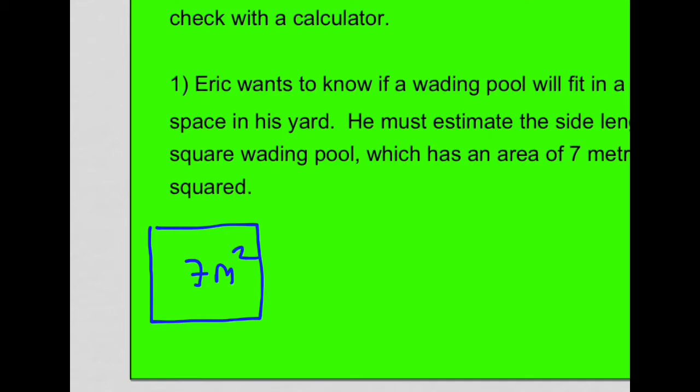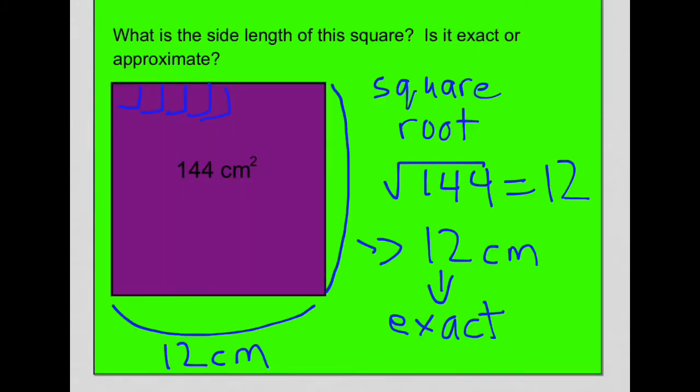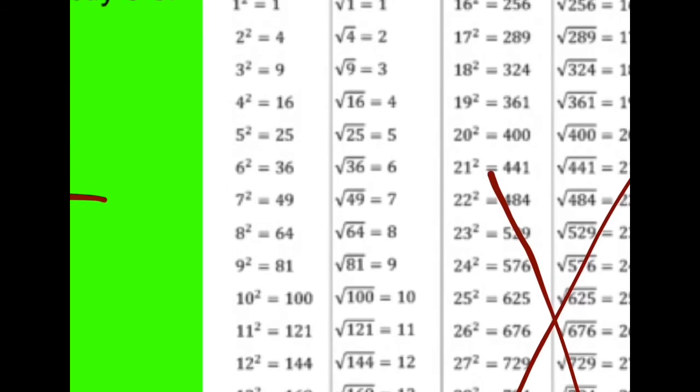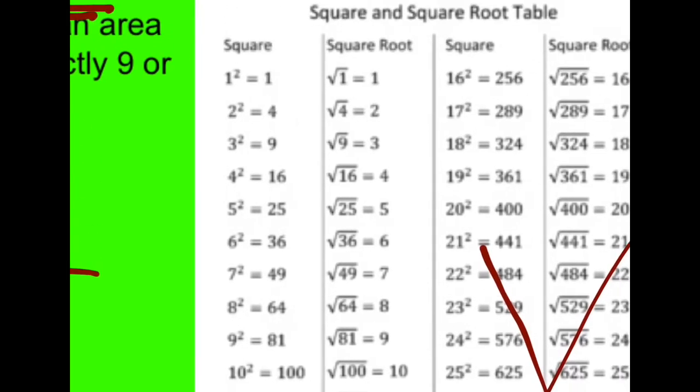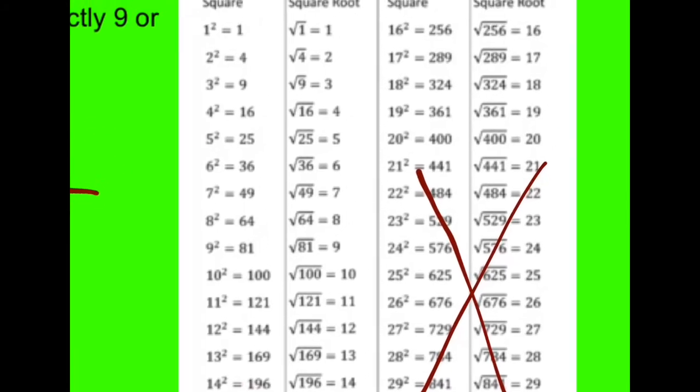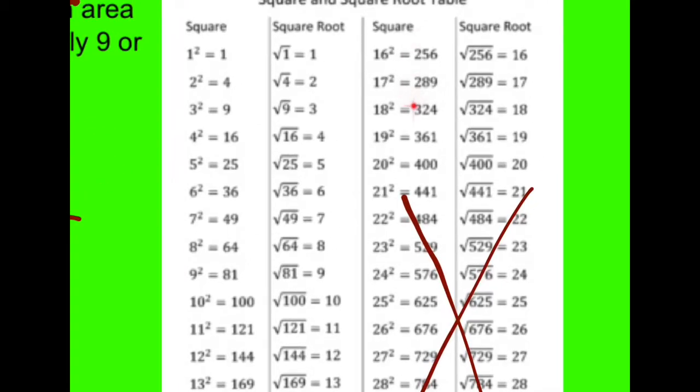Now before we do anything, I just want to jump back to my perfect square table. In all of these perfect squares, there's 1, 4, 9, 16, 25, 36, 64, 81, 100, 121, 144, 169, 225, 256, 289, 324, 361, 400, right?